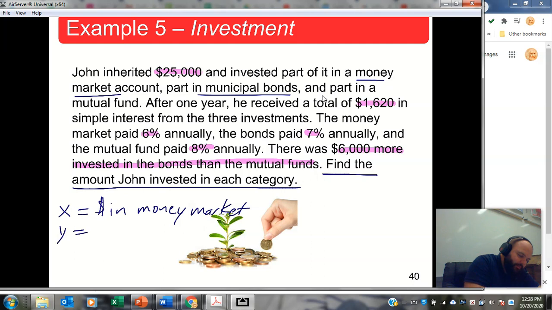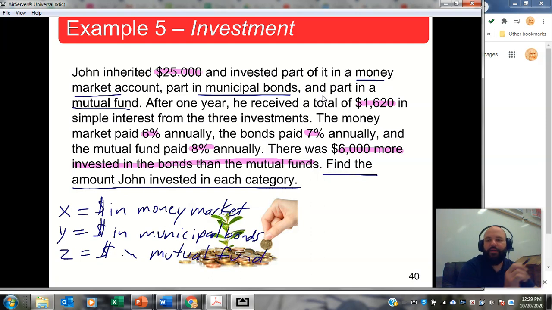So Y is going to be the money in municipal bonds. And then Z is going to be the money in the mutual fund. All right, so now we have our variables established.